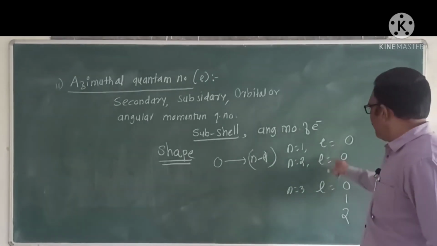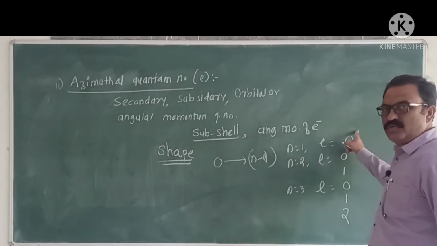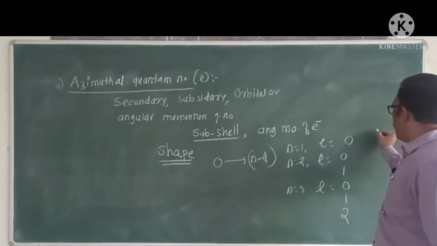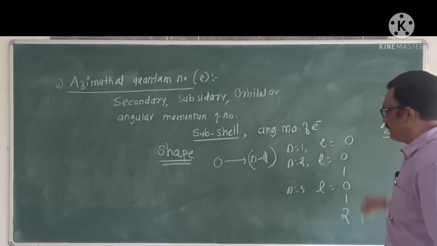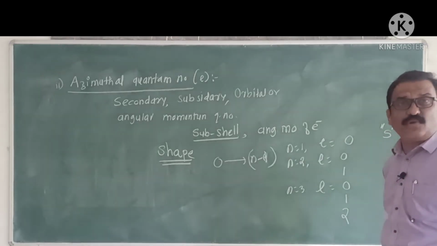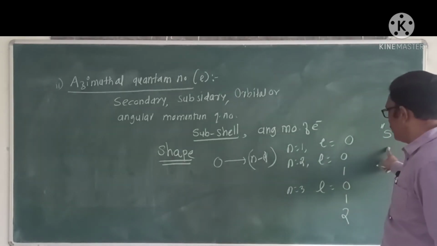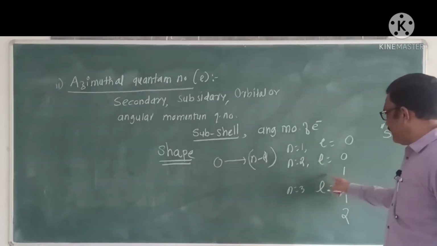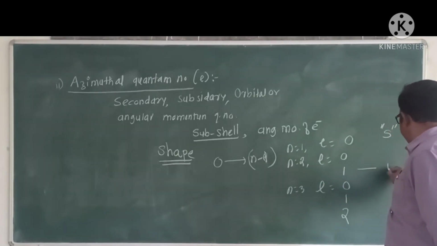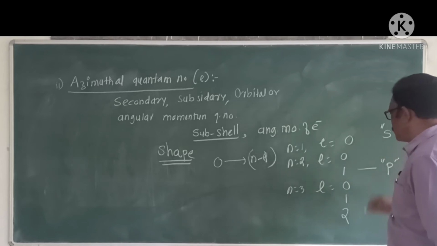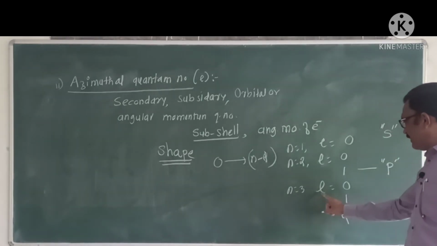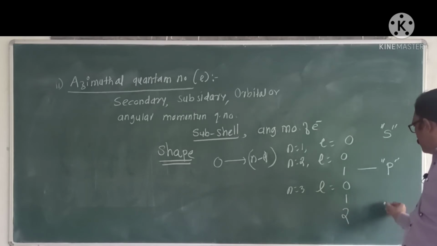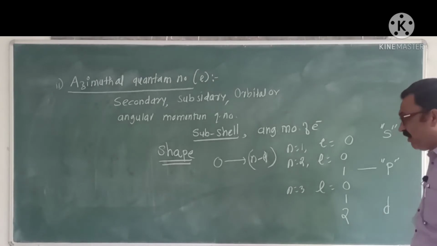Okay? When l is equal to 0, the name of the orbital is s orbital. When l is equal to 1, the orbital is called a p orbital. When l is equal to 2, the orbital is known as a d orbital.